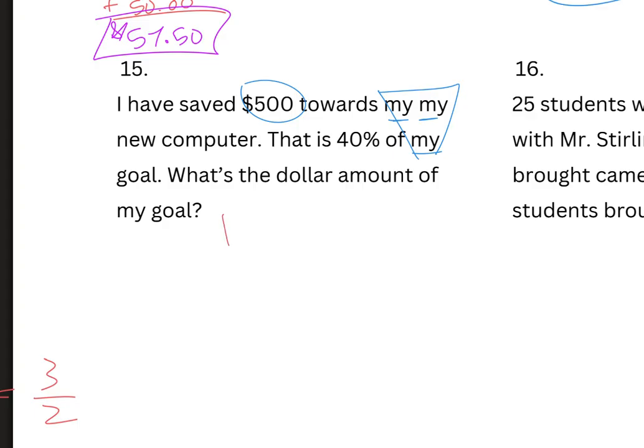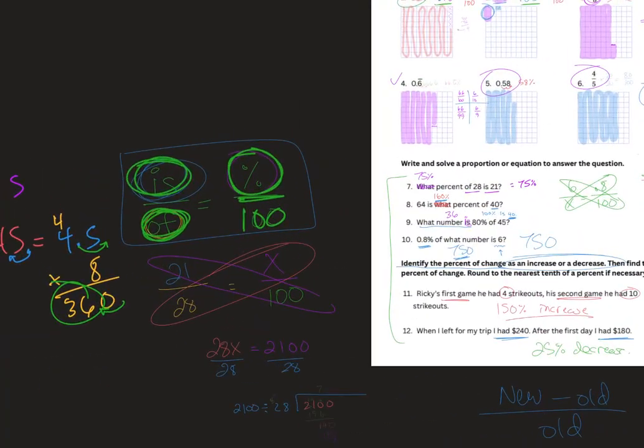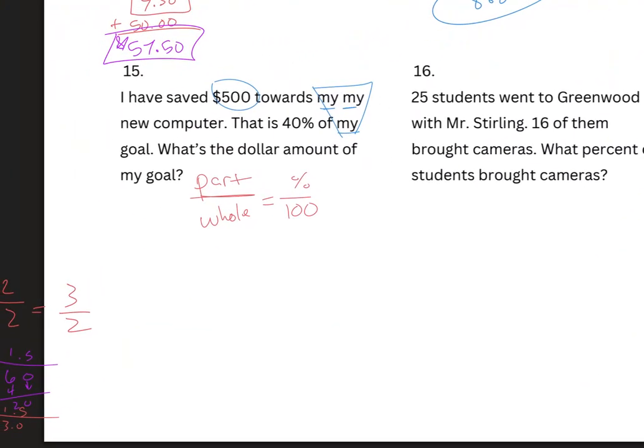So this is part over whole equals percent over 100. What's that? That's the same thing as is over of. It's just sometimes we can express it a little differently, right?